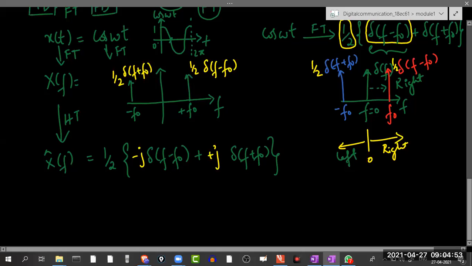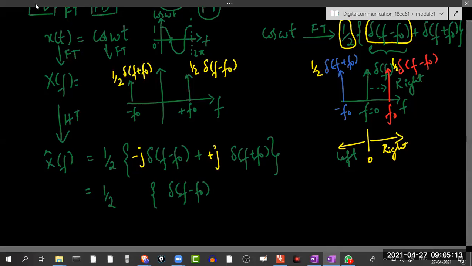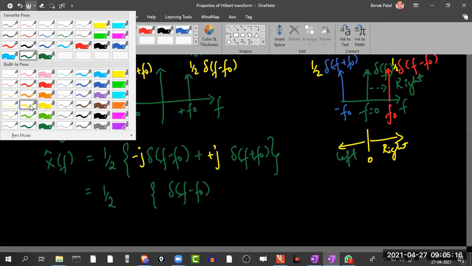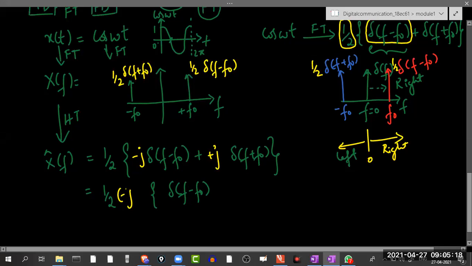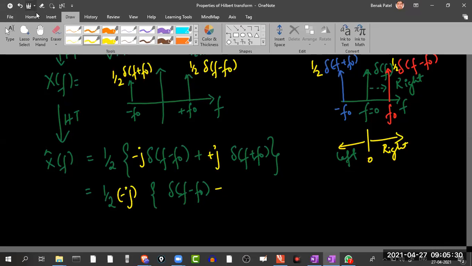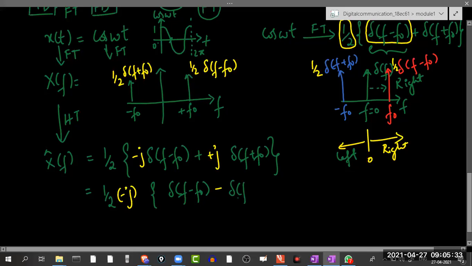We'll have this. Now, out of these two, I'll take out negative j as common, such that we'll be left with delta f minus f naught over here. And here, because I'm taking negative j outside, the sign changes to negative delta f plus f naught.